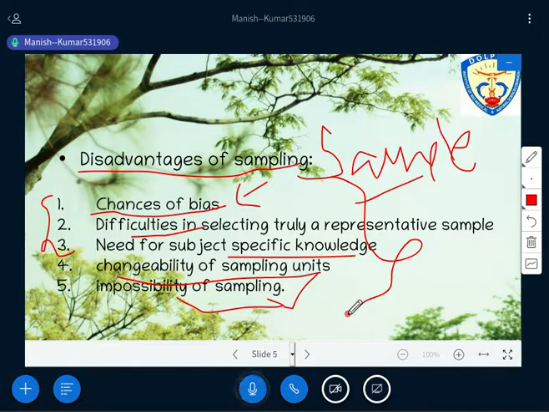So if you have any question, you can ask from here itself. I have discussed the definition of sampling, then the advantages and disadvantages of sampling. Out of these three topics, if you have any question, you are free to ask. Is there any question?